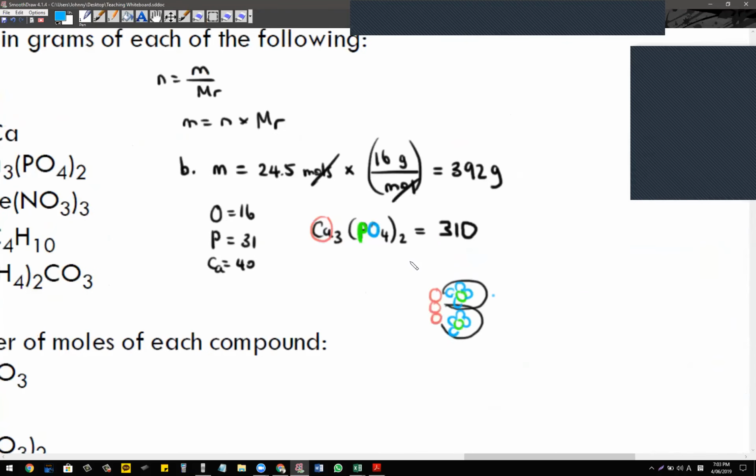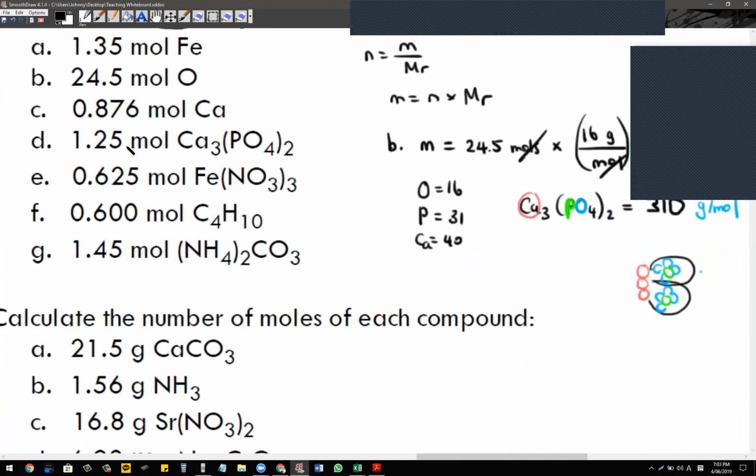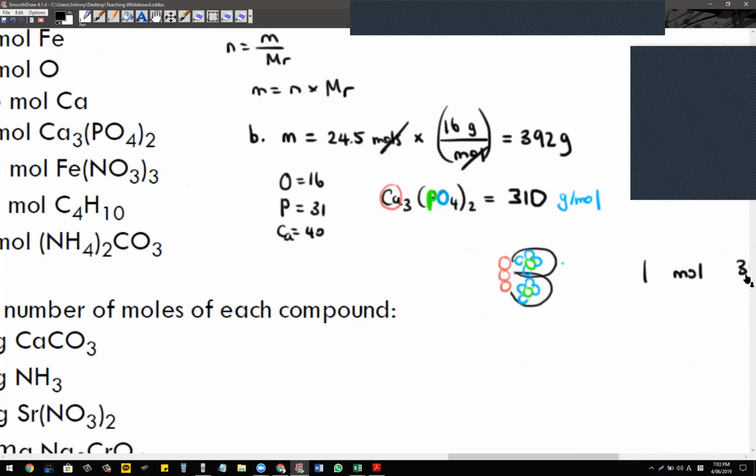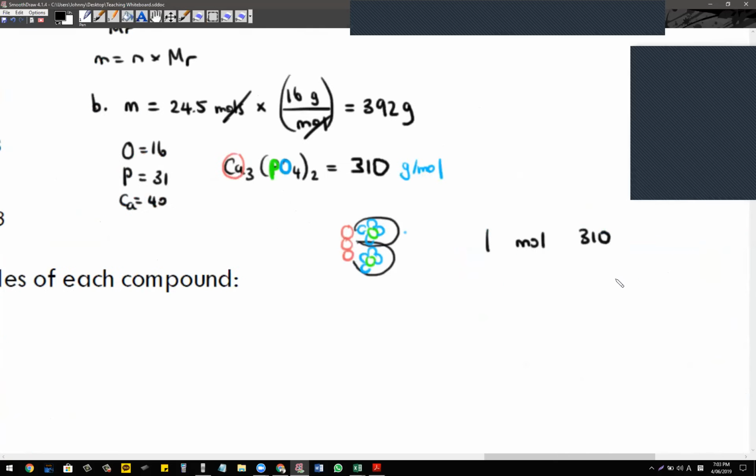And then once you figure out that this is grams per mole, that's the molar mass. And this question here says 1.25 mole. So if 1 mole is 310, what's 1.25 mole?